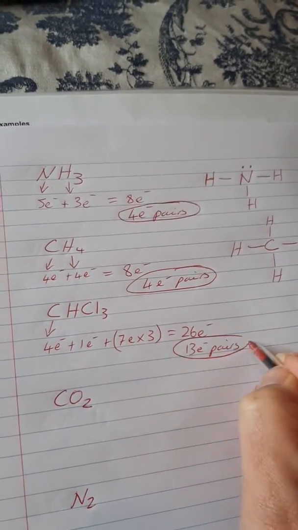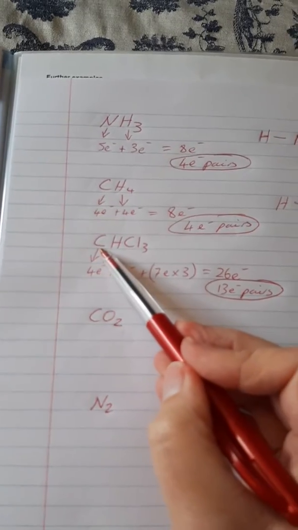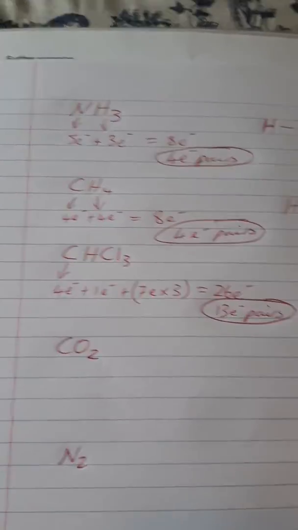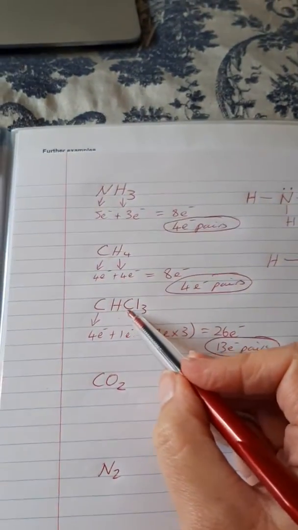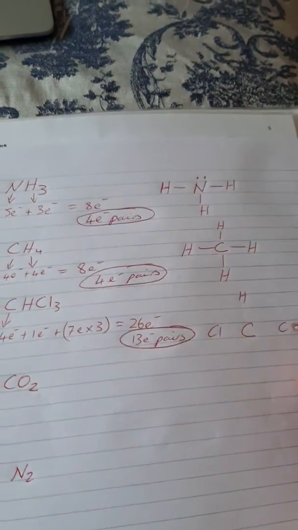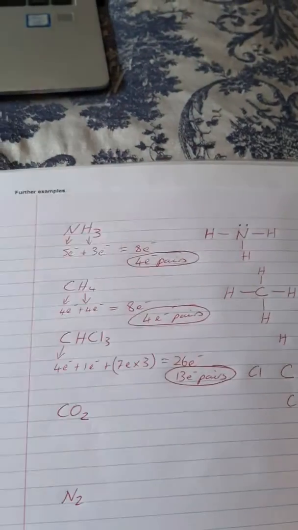Remember, we must have 13 electron pairs, no more, no less. Out of all of these, carbon needs to gain the most electrons, so it is going to be my central atom. And then I need 1 hydrogen and 3 Cls. Doesn't matter which way round you do it. You could put your hydrogen down the bottom if you wish, or on the sides.